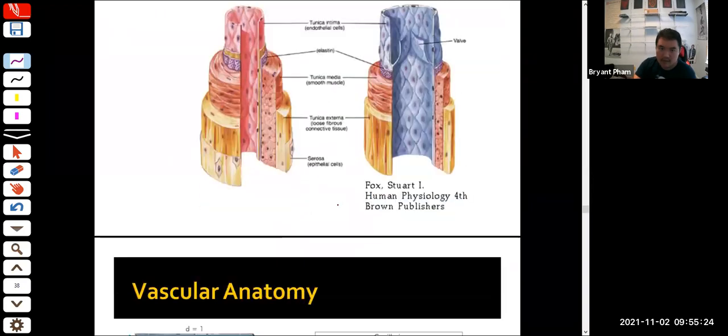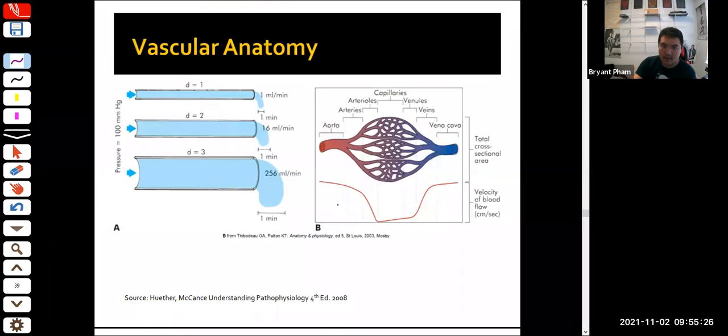Same three layers. All right, so now we're going to start talking a little bit about fluid dynamics. Don't worry, I'm not going to turn this into an engineering course yet. On the left here, we're talking about differences in diameter.